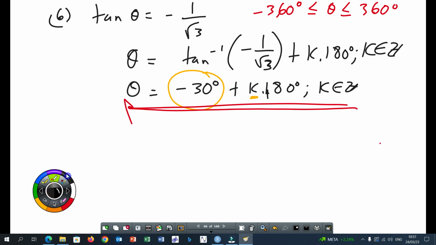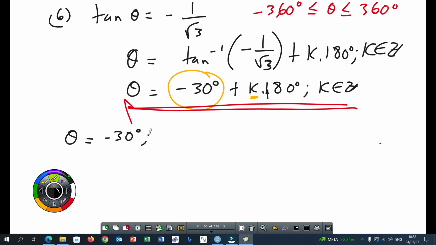If you want to find all the solutions, you use the general solution. You don't have to stress yourself. Once you get your general solution, if it's correct, then you can use it. If you have that restriction, you start from k equal to 0. When k is 0, theta will be minus 30, and minus 30 is in that interval.